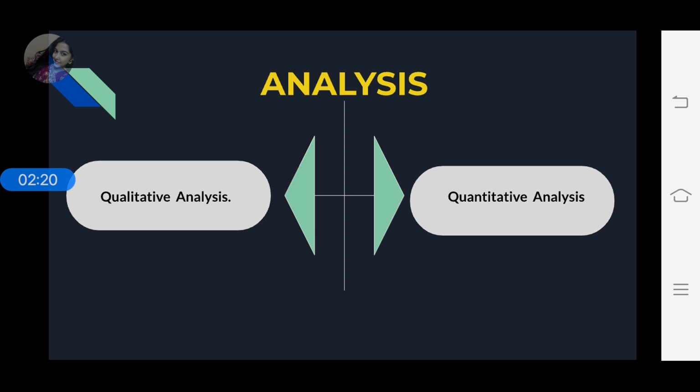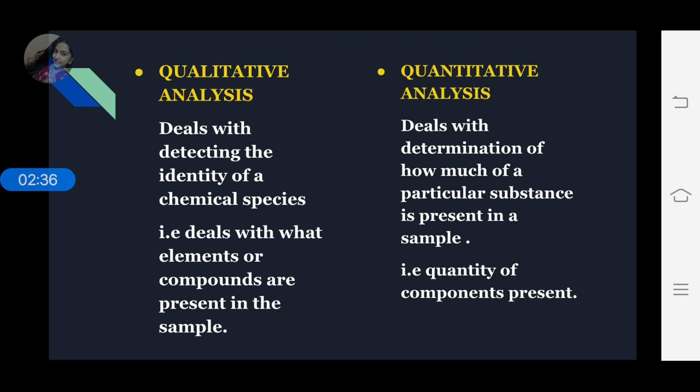Since we're talking about analysis, in chemistry, we can perform analysis two ways. That is your qualitative analysis and quantitative analysis. Okay. In chemistry, analysis is done by two ways, quantitatively as well as qualitatively. Okay, see, what is the basic difference between qualitative and quantitative analysis? In qualitative analysis, you determine the quality of the given mixture.